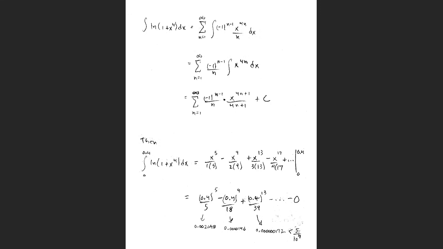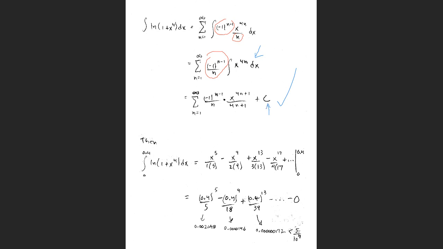Okay, so now again, we bring that negative 1 to the n minus first power and the n out in front of the integral, and then the antiderivative of x to the 4n power is just x to the 4n plus 1 over 4n plus 1. And then of course we do have the constant of integration, right?